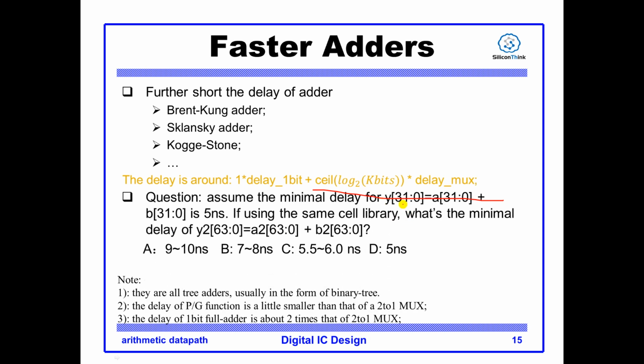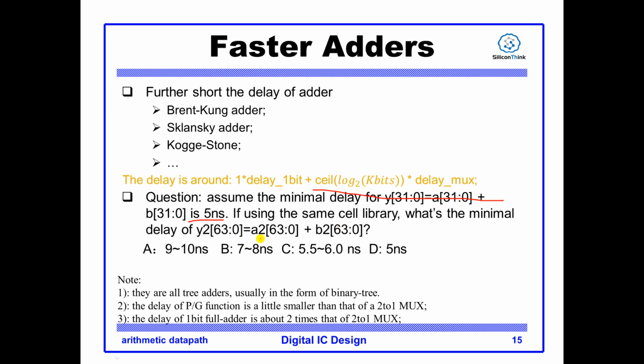There is a simple question for you. Question: assume the minimum delay. If we use a fast architecture of adder, we can get a delay of 5 nanoseconds for the 32-bit adder.